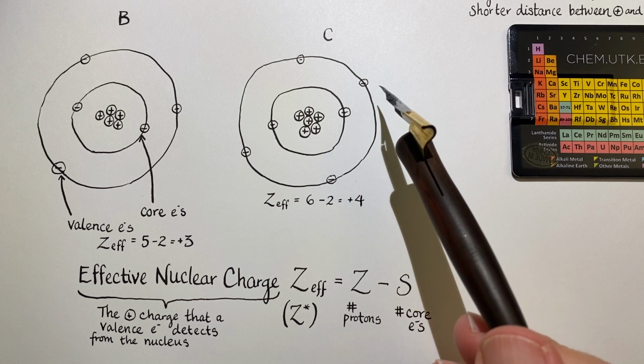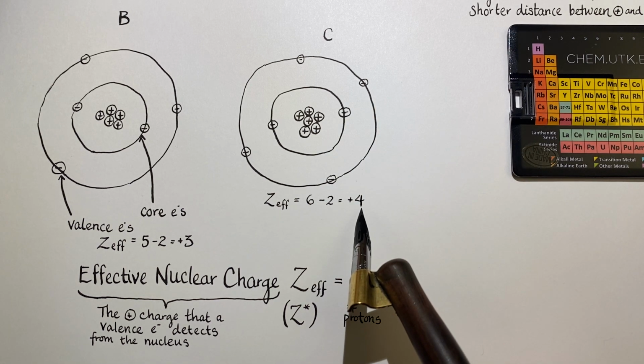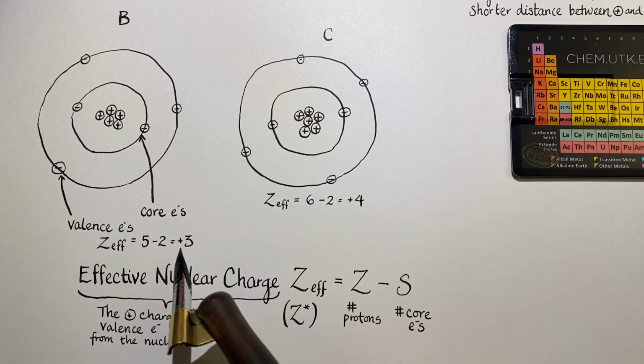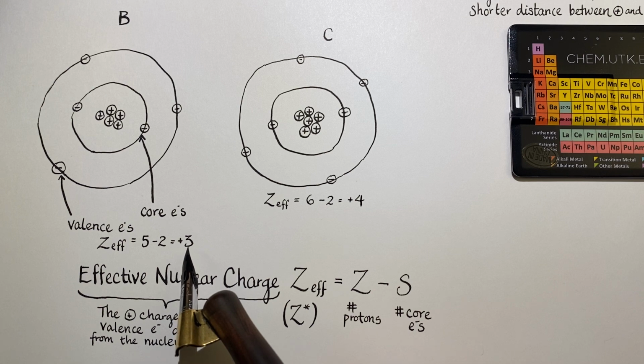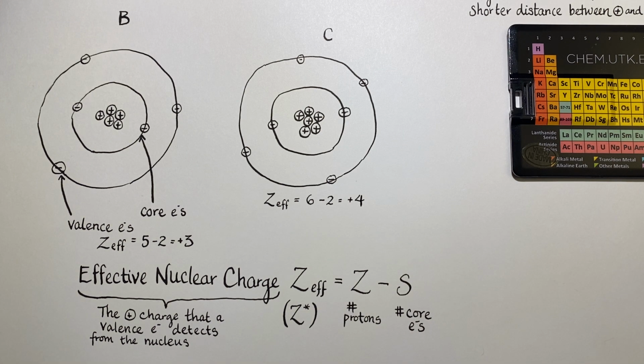These outer electrons, these valence electrons, detecting +4 in carbon. That's a decent jump up from 3. So we now have an increased attraction.